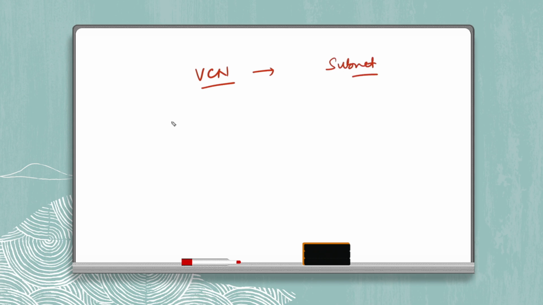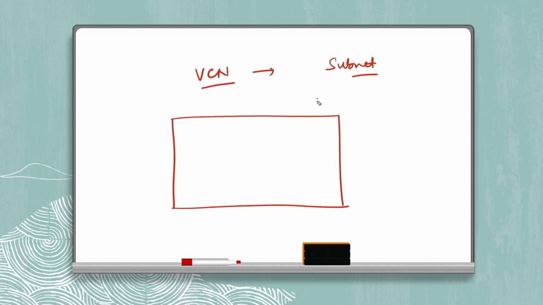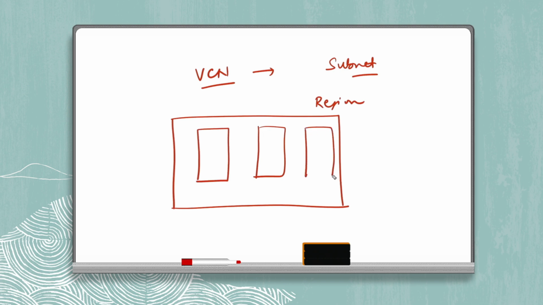Now, one key thing to understand is that if you are inside the OCI region, some regions have multiple availability domains: AD1, AD2, AD3.